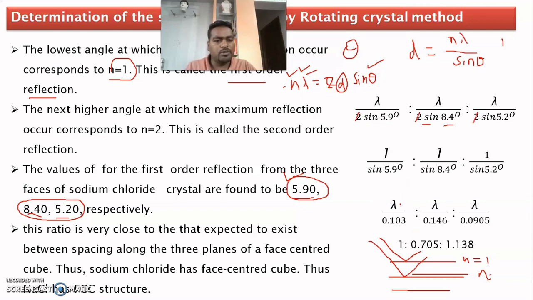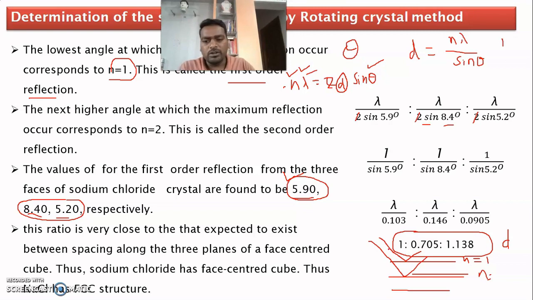After substituting the value of lambda and simplifying, we get the ratio. This is the interplanar distance ratio. The ratio is 1 to 0.705 to 1.138. This is the value of d, the interplanar distance of different planes obtained in the experiment.